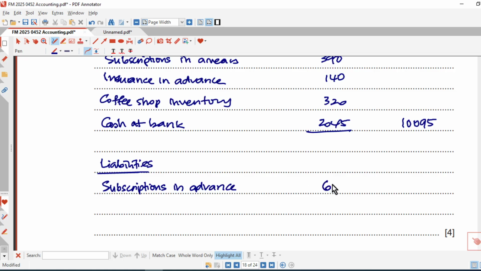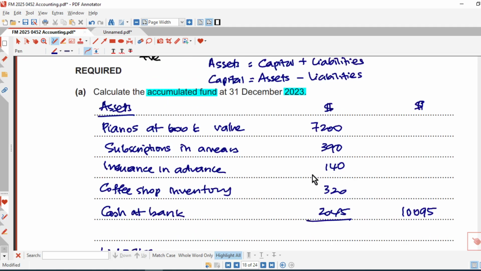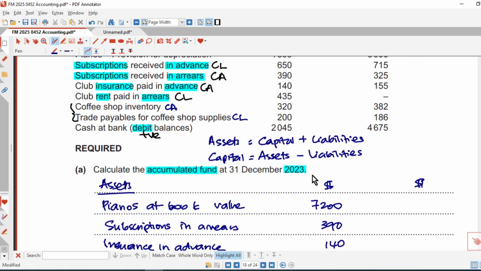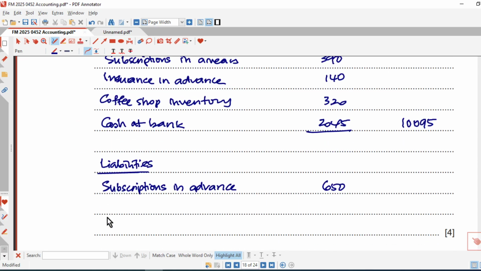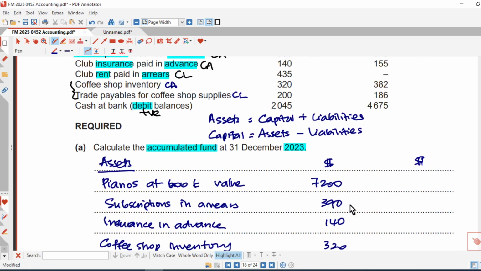So same thing, gonna put it on the left because I'm gonna do a subtotal. I also have rent in arrears, 435. Right, and trade payables, 200.